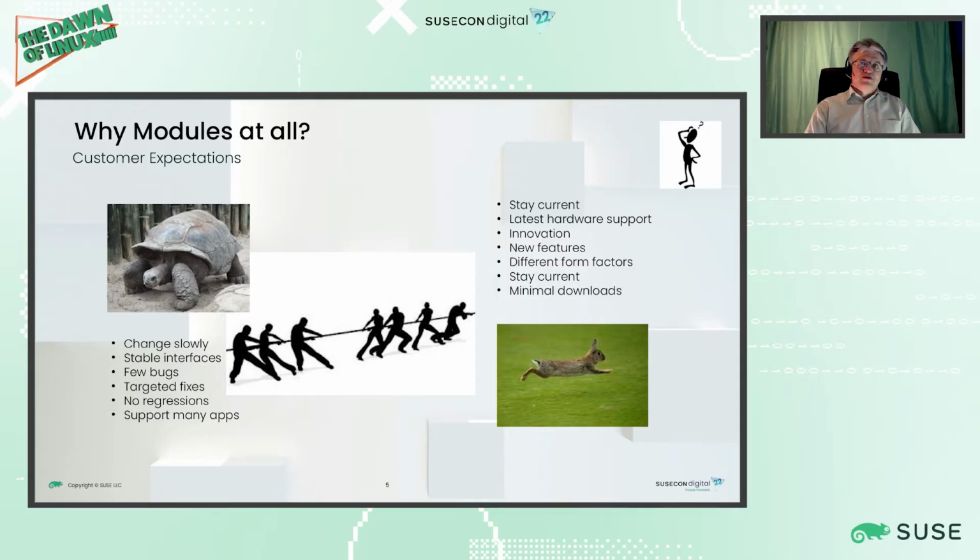They want to use different form factors and have new innovation inside of the updates, inside of the ongoing deliverable. And the downloads should still be small. That's something that nearly everybody wants. Small downloads so that you really have an attack surface that is as minimal as possible. But it should still contain everything you need.